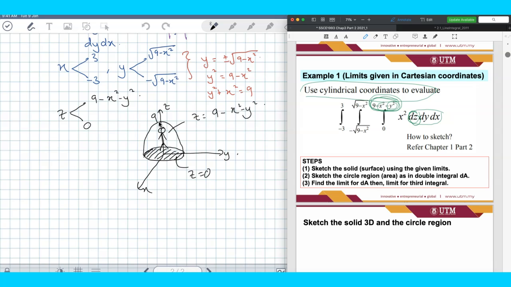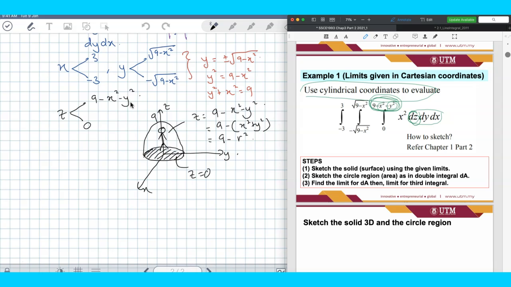Okay, but then we don't want the z in terms of x and y, because now we want to solve in cylindrical. So you have to convert x and y into r and theta, into a polar function. As we know, when we factorize the negative, you have x squared plus y squared, so we can rewrite 9 minus r squared.